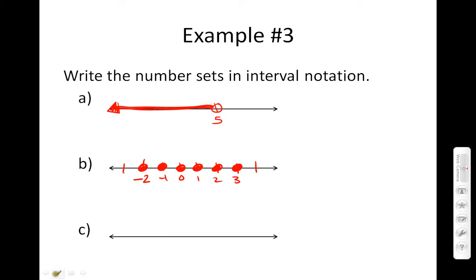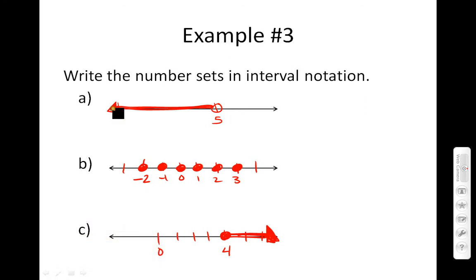And then one more. So press pause. See if you can write the number sets graphed on the number line in interval notation. And when you're ready to check your work, press play and check.